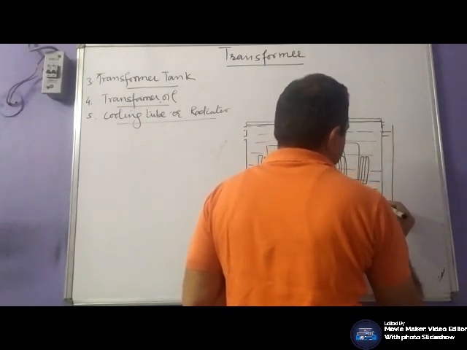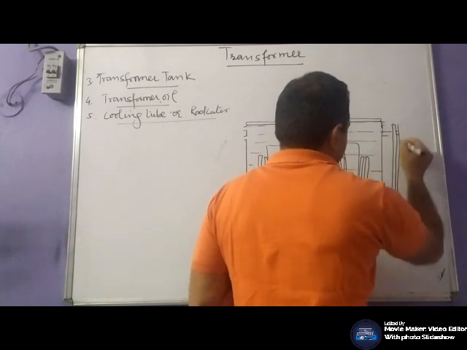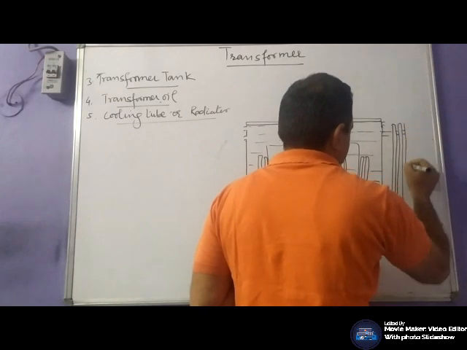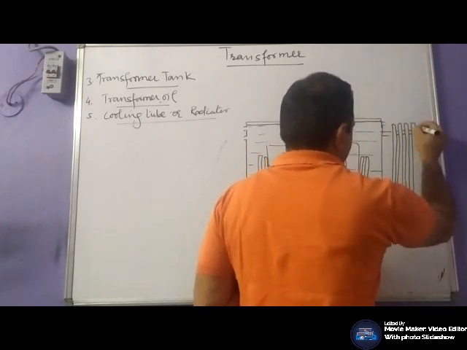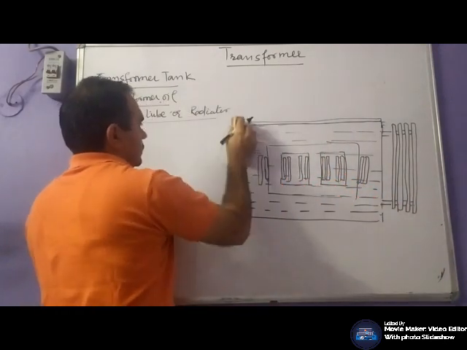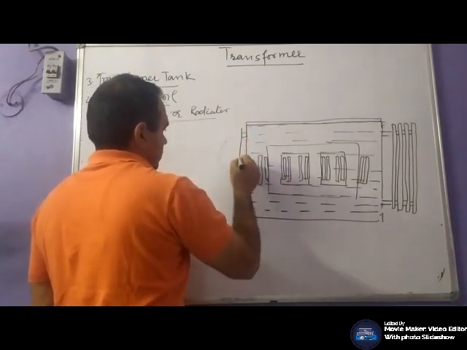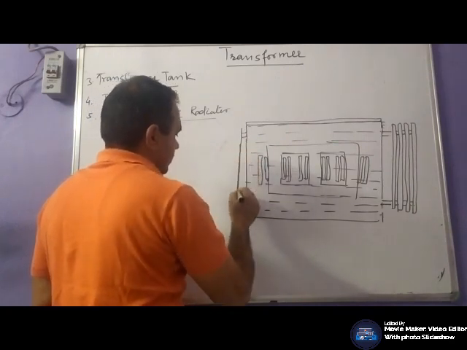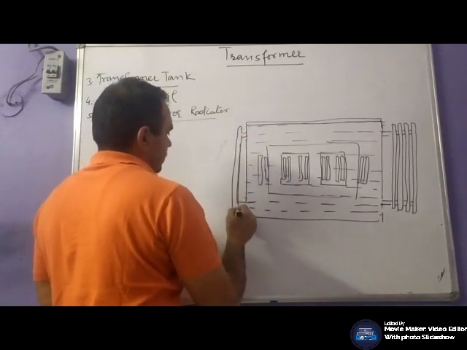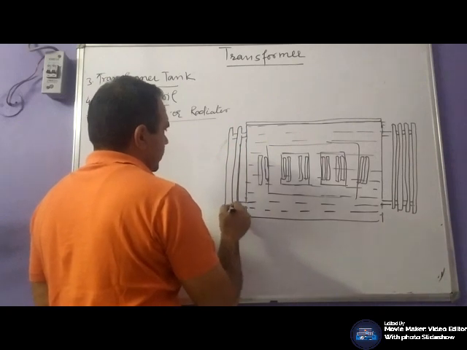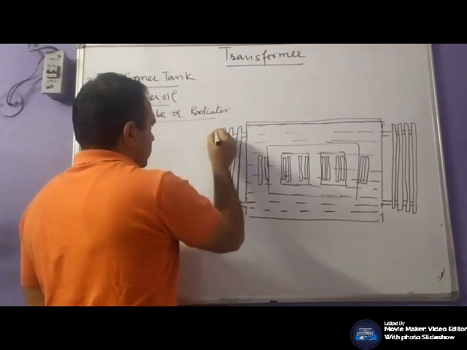This shape, you will find the fins, and the purpose is to increase the circulating area of the oil as well as the effective contact area of the oil, so that the transformer oil can be cooled down continuously.